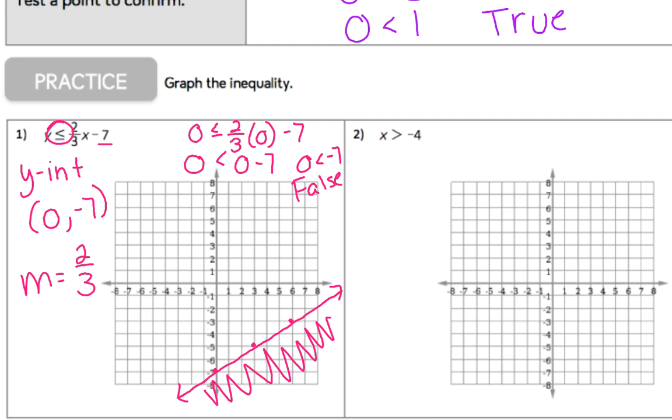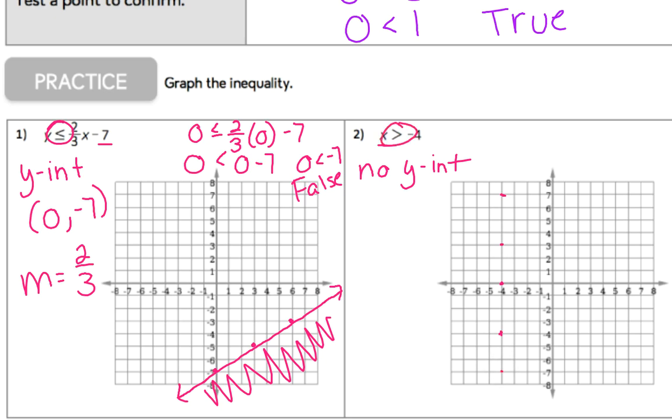All right, for our next one, I can see that this is a line with only an x in it, so that means it has no y-intercept. It never crosses the y-axis. So it goes through x of -4, and it goes straight up and down. So any point with an x value of -4 is a solution there. So then I look at my symbol.